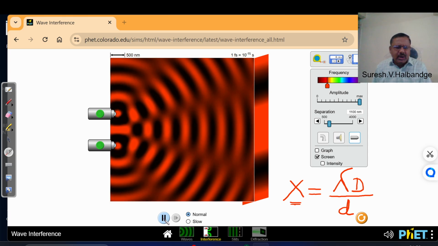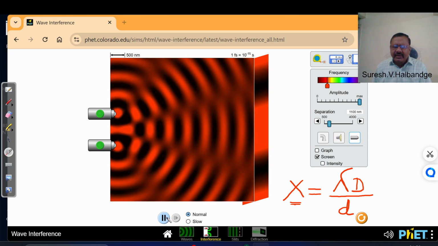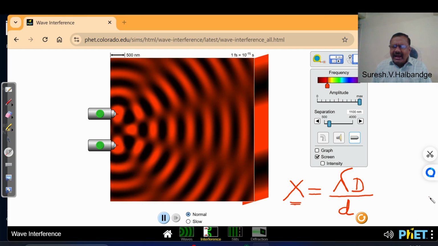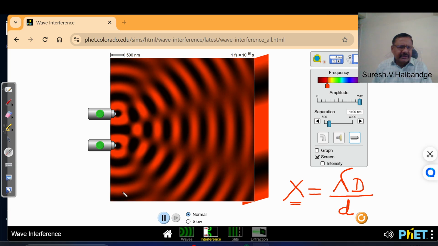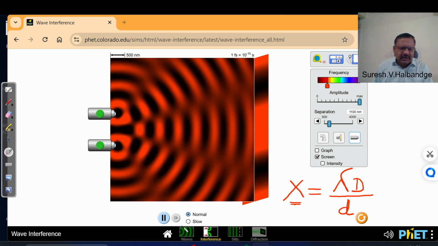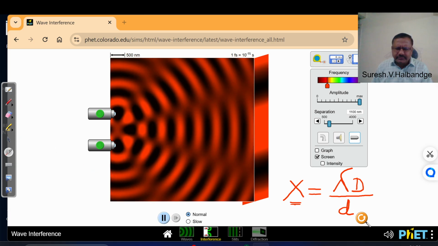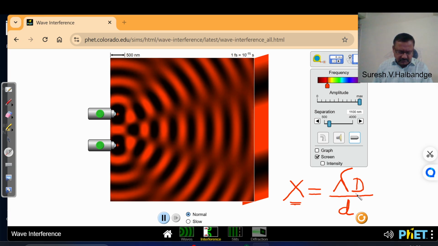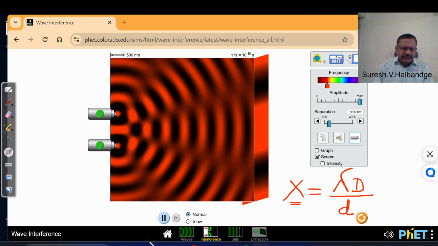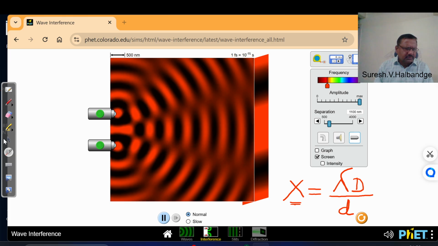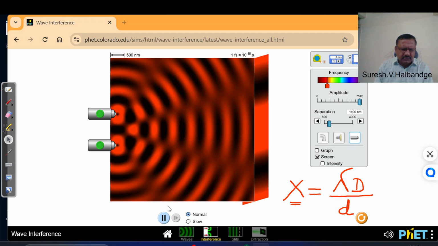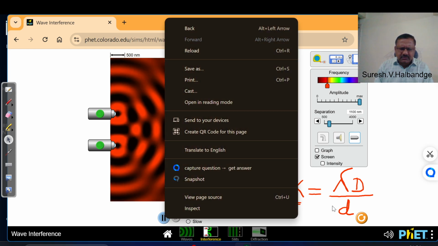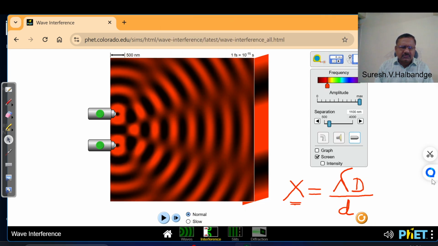What I do is I'll stop the animation for the time being, and I will reduce the distance. I have stopped the animation, right?